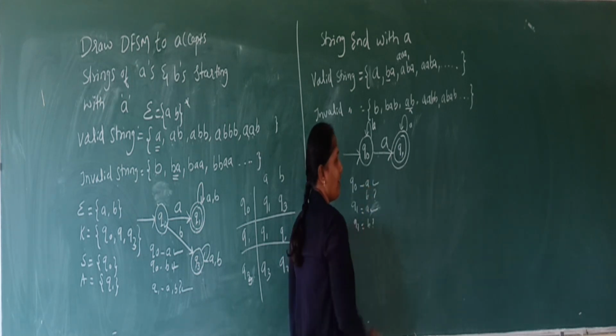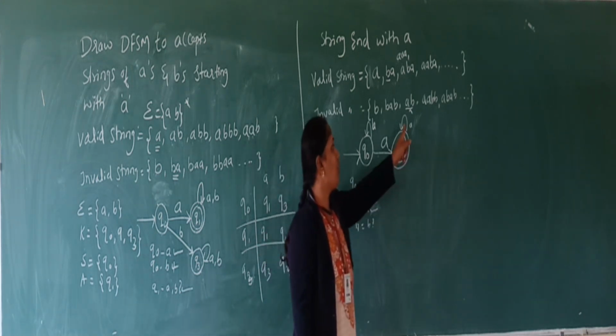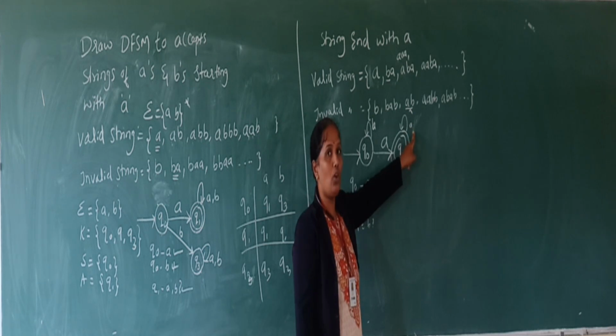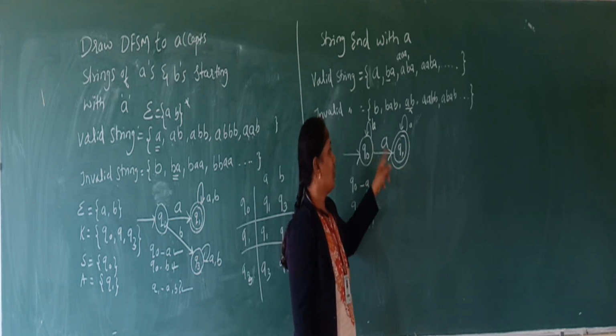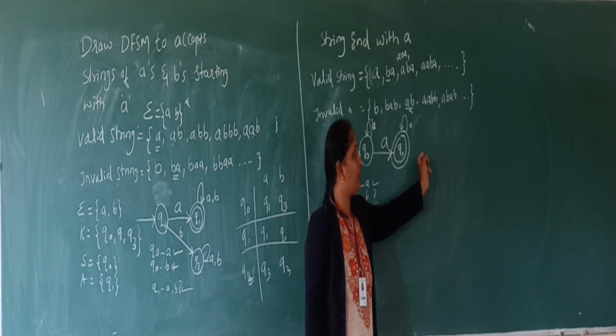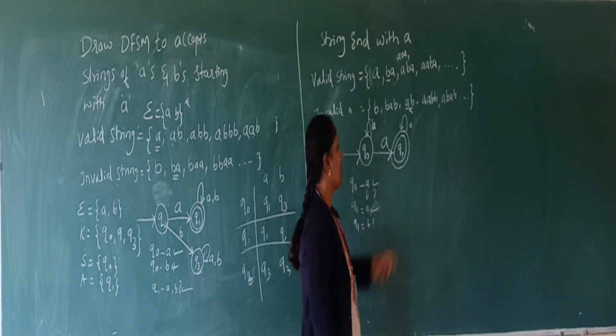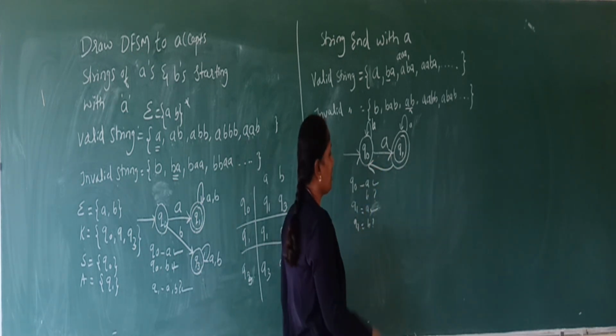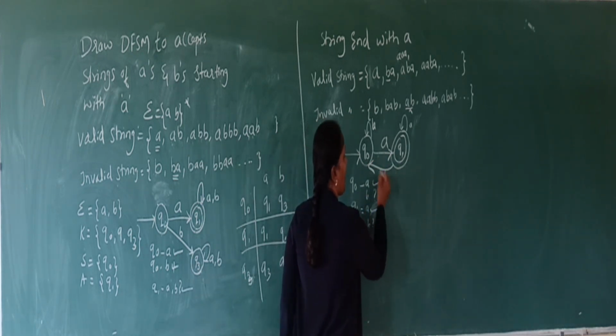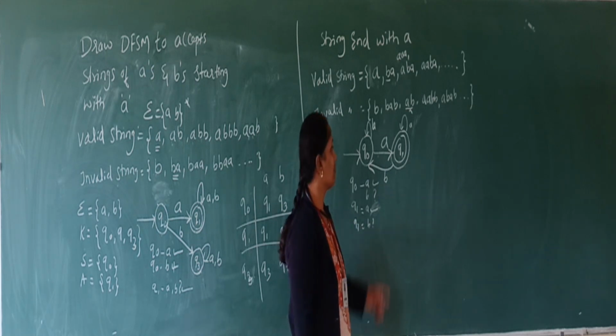Where should I show the B transition? A loop I can't take, because if I take a loop for B, then it starts accepting a B character at the end of the string. So where should I give the transition? A forward transition I can't show because no other states are there. So check the back transition, back to the start state. So if I give the B here, what happens?